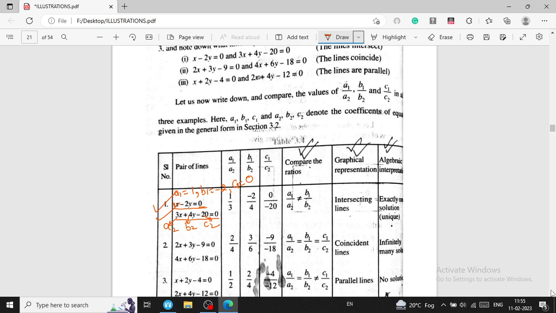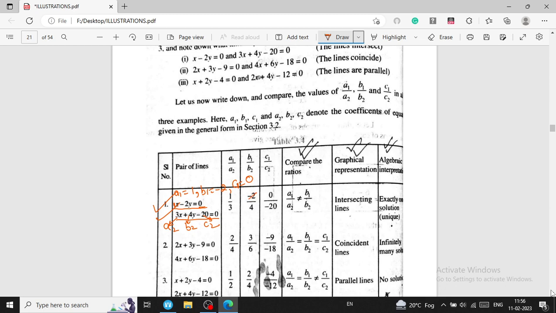Now put these values in this formula. That formula is a1 over a2, b1 over b2, c1 over c2. And a1 is 1 and a2 is 3. Minus 2 over 4, 0 over minus 20.